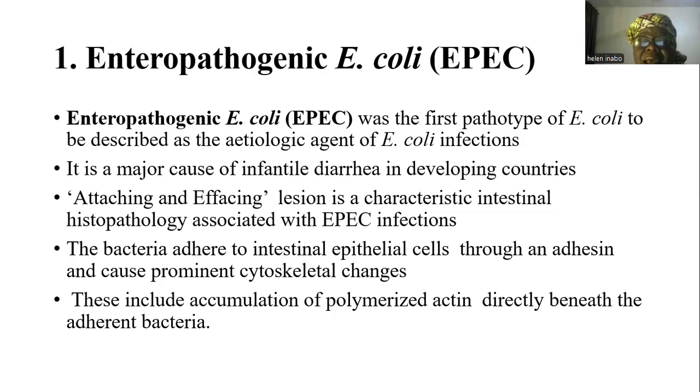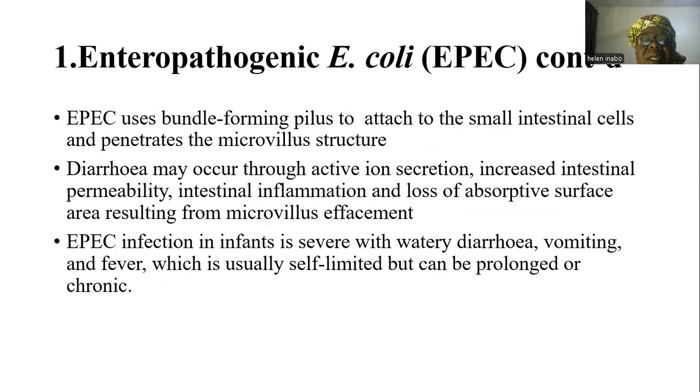The bacteria adhere to intestinal epithelial cells through an adhesin molecule and cause prominent cytoskeletal changes. These include accumulation of polymerized actin directly behind the adherent bacteria.